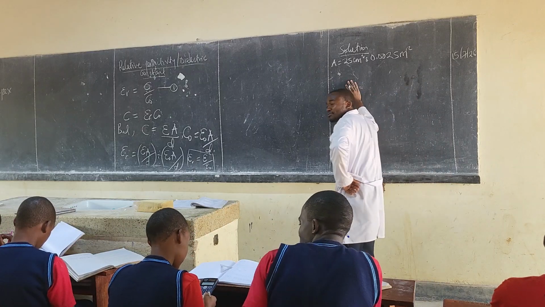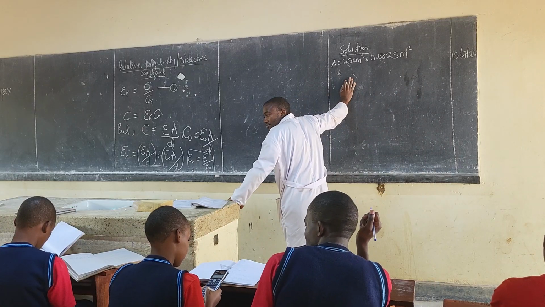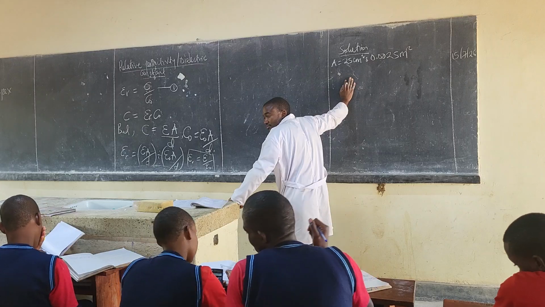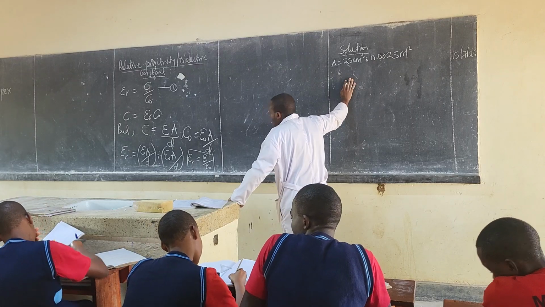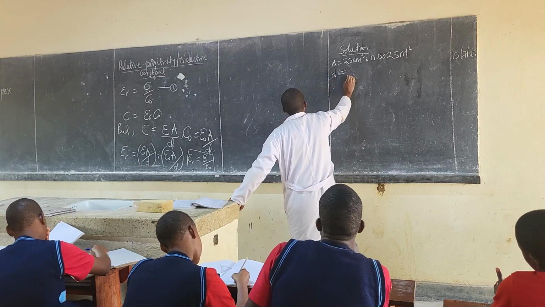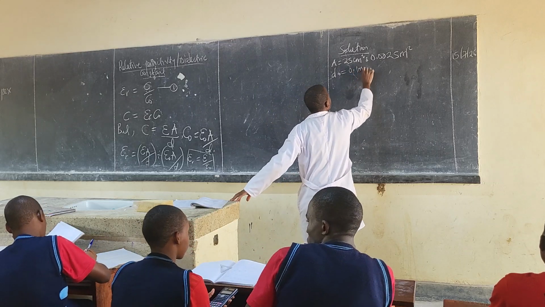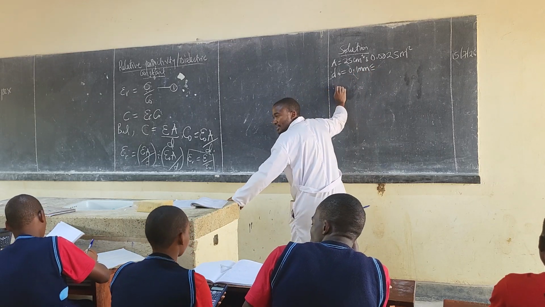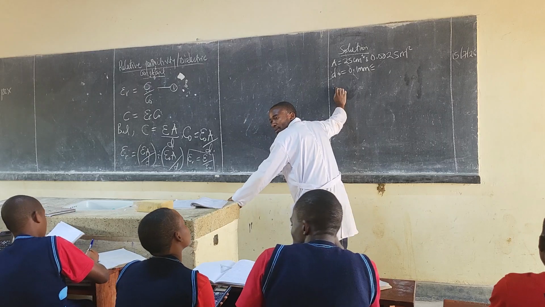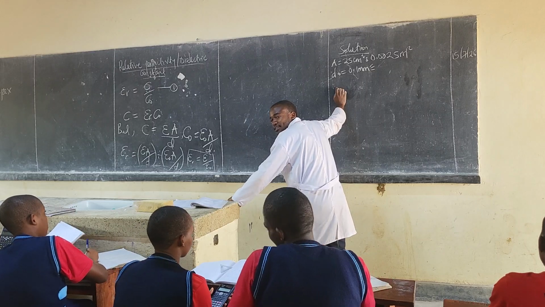Okay, what else do we have? The separation D as 0.1 millimeters. Still, we cannot use it while in millimeters. How many meters are in 0.1 millimeters?